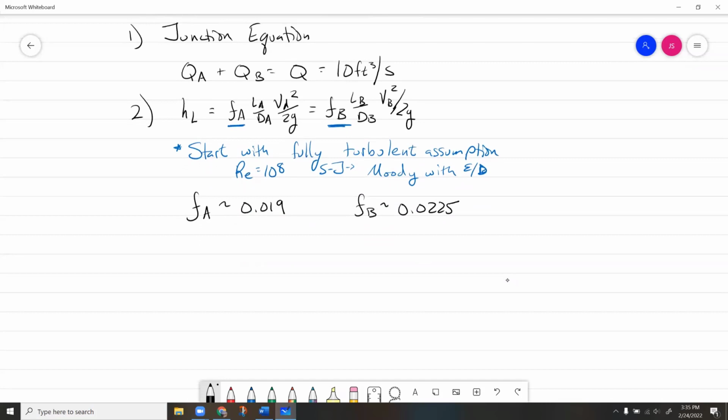All right, now we need to solve all this. Instead of solving for velocity, we're going to solve for discharge.